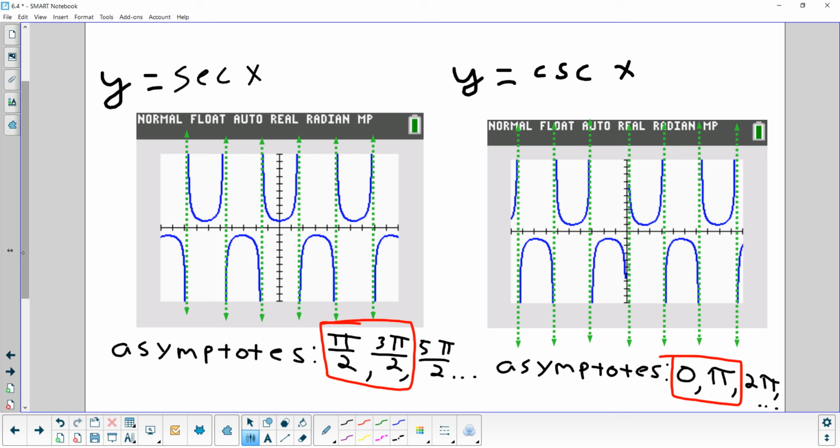That's pi over 2, 3 pi over 2, 5 pi over 2, 7 pi over 2. It's all odd multiples of pi over 2. I guess if you wanted to say it in a uniform way, you could say that secant is the odd multiples of pi over 2, and cosecant is the even multiples of pi over 2.